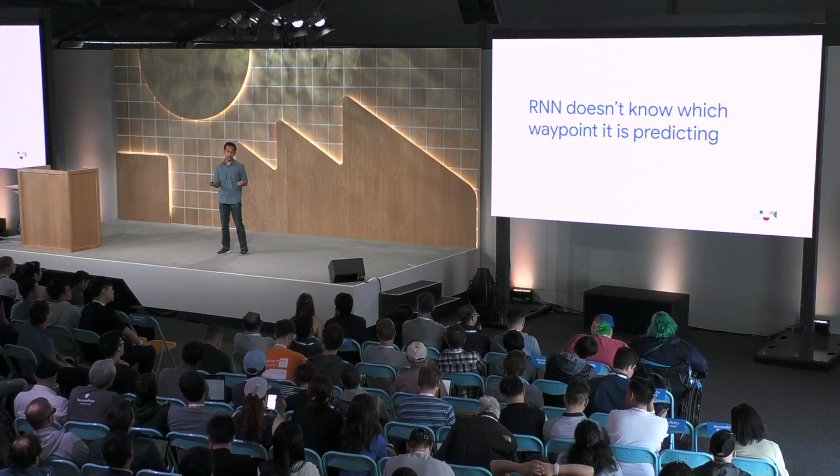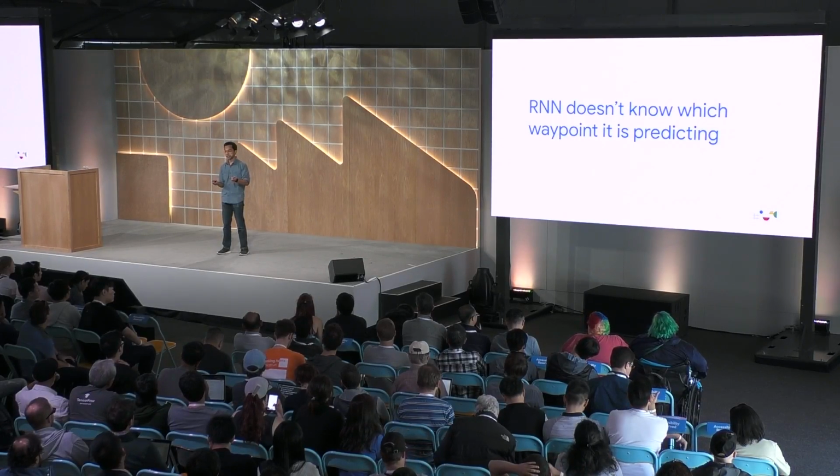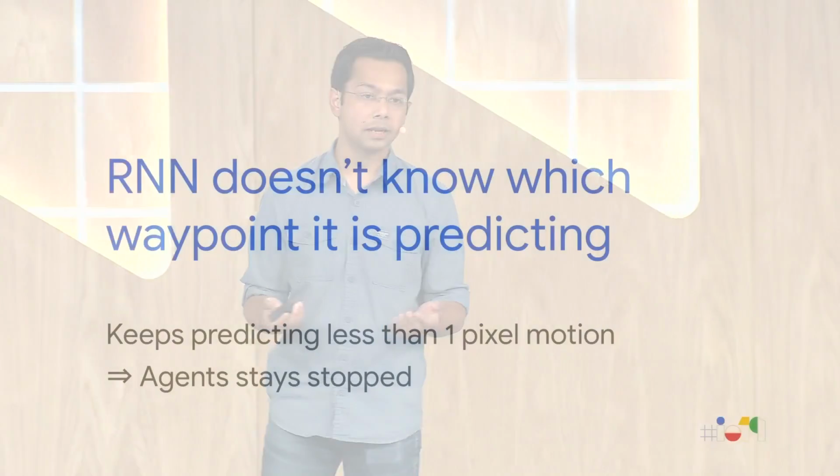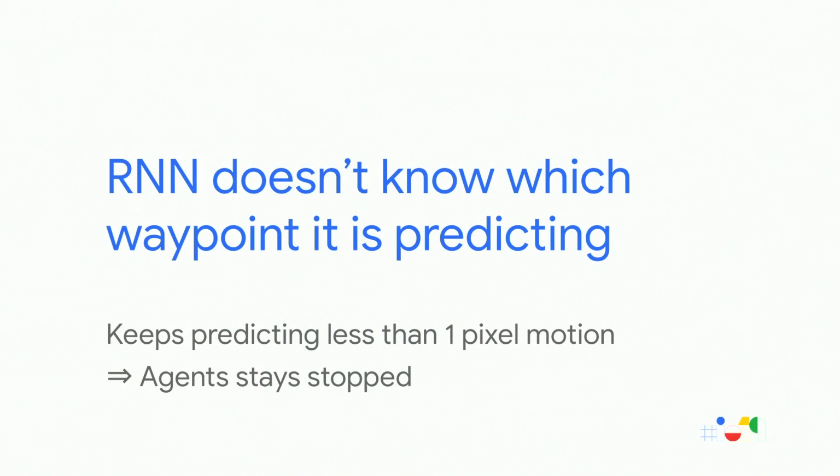So the very first waypoint it predicts has a small motion, which might be sub-pixel, and it doesn't move the agent forward at all. Next time through, it again sees that the agent is where it was, and it again issues a small motion. Compounding that together, the agent never moves. So in essence, the RNN keeps predicting less than 1 pixel motion, and that's not enough to move the agent forward.